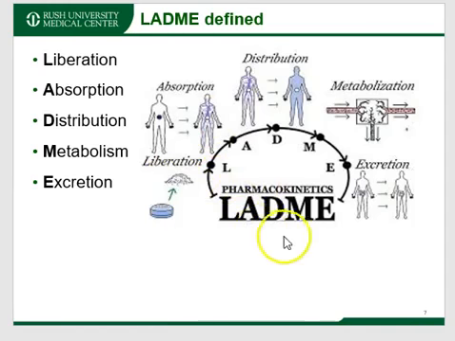LADME stands for liberation, absorption, distribution, metabolism, and excretion. And so essentially what you're doing is you're going from pill to different portions of the body, distributing throughout the body, where it gets metabolized, and then finally it leaves the body after the physiologic effect has occurred.